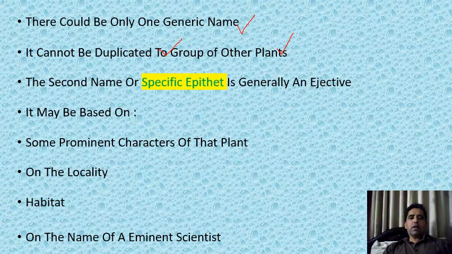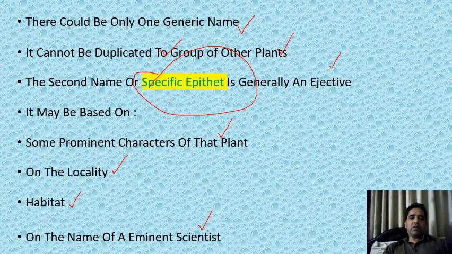Similarly, the second part is the specific epithet or specific name. This is an adjective. It is based upon the prominent feature of the plant, the locality from where it is collected, the habitat where it grows, or the name of a scientist. Let me give some examples.